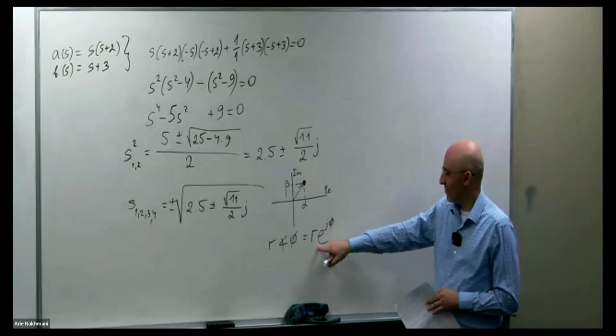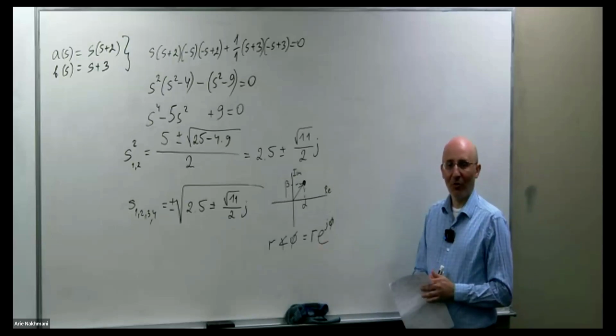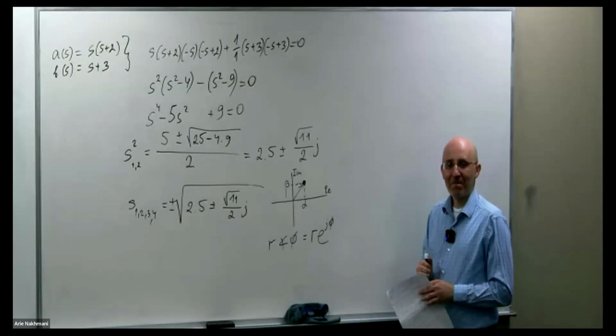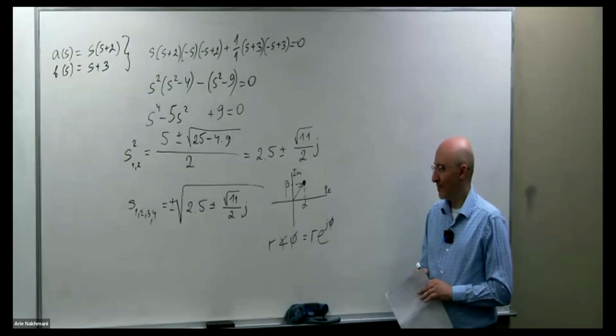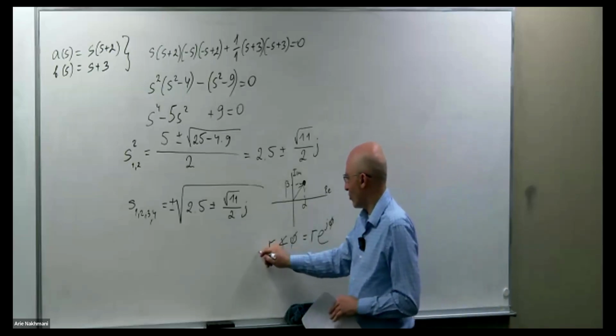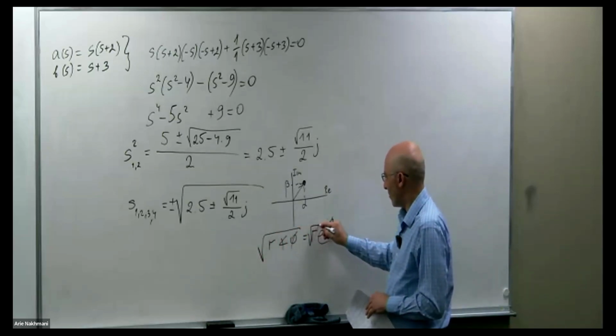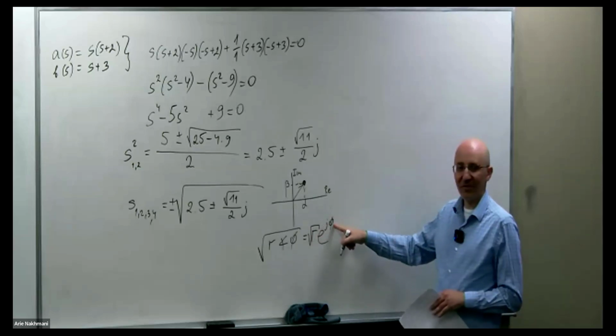How do you compute the root of a complex number? So the square root of that thing is the square root of r. And what happens with phi? You multiply by one half.